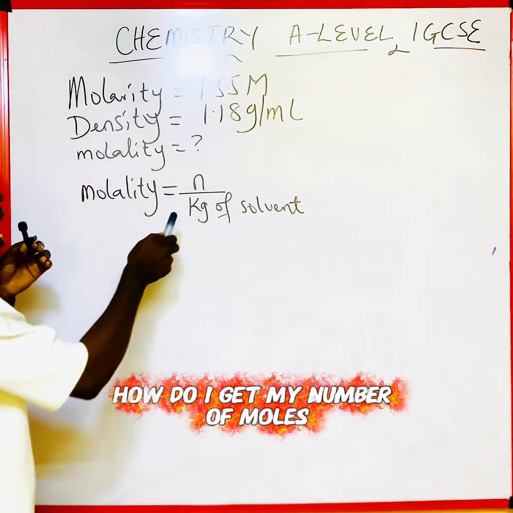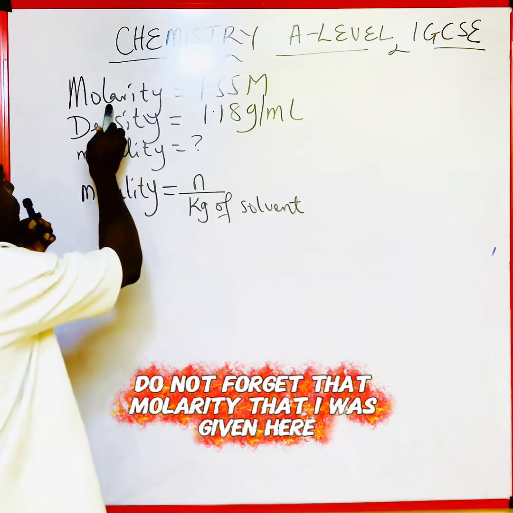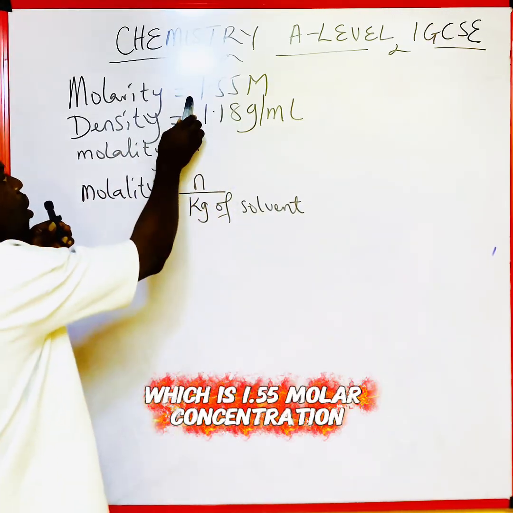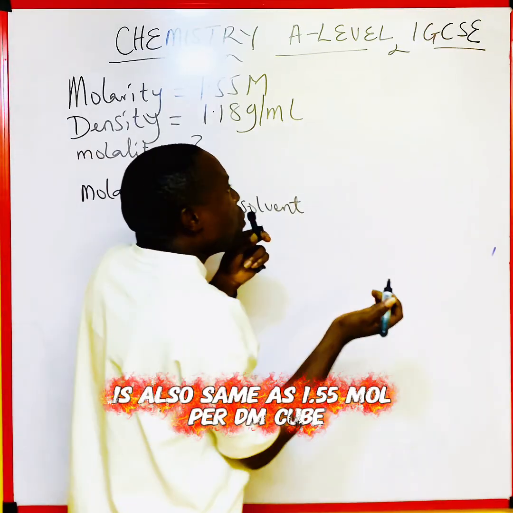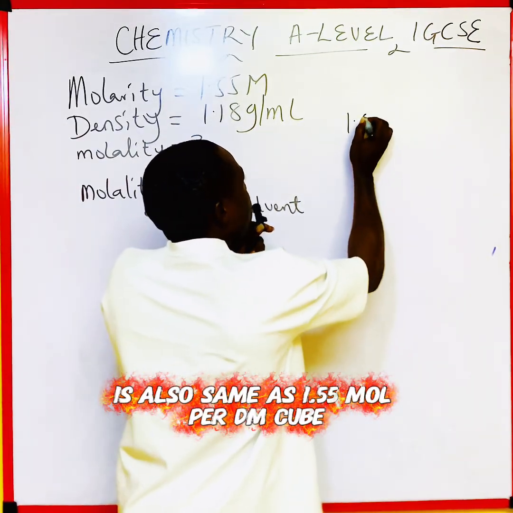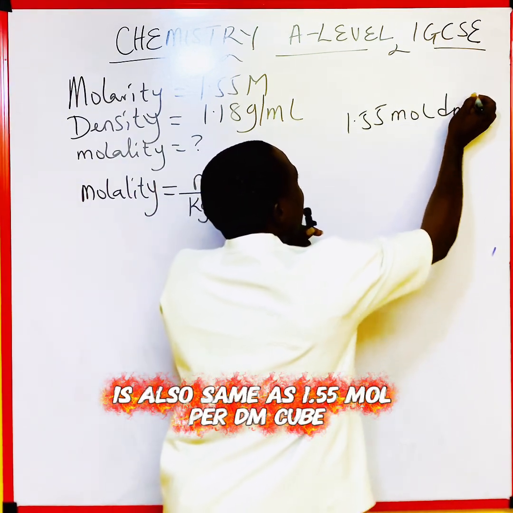Now, how do I get my number of moles? Do not forget that molarity that I was given here, which is 1.55 molar concentration, is also the same as 1.55 mole per dm cube.